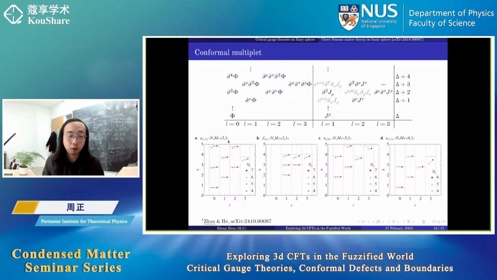So in our model, we find that all the states can be classified into different conformal multiplets, and in the conformal multiplets, it has very good integer spacing. For example, we can look at the lowest operator in the antisymmetric tensor representation, and we can find all of its lowest descendants at very good integer spacing.